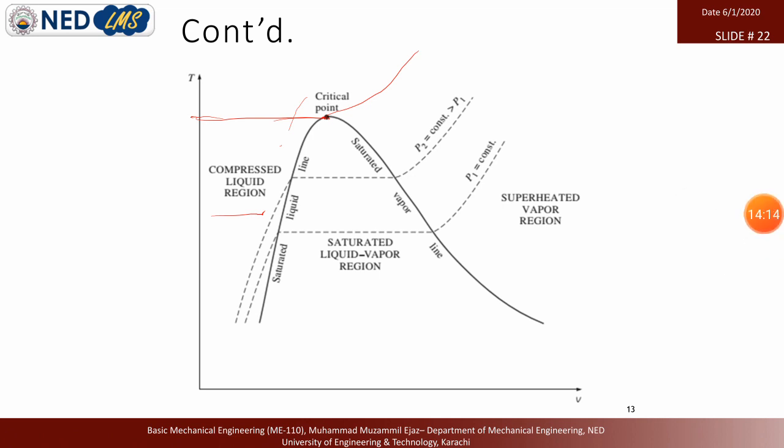Like in HUBCO, they recently installed a 22 megawatt power generation system from coal, and the boiler in this power generation system uses supercritical boilers.